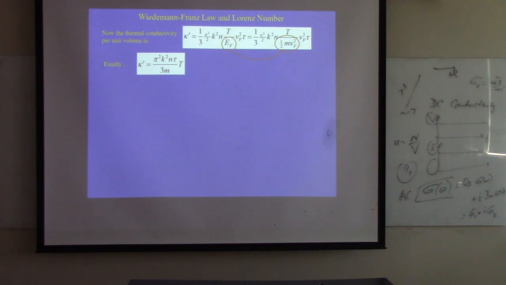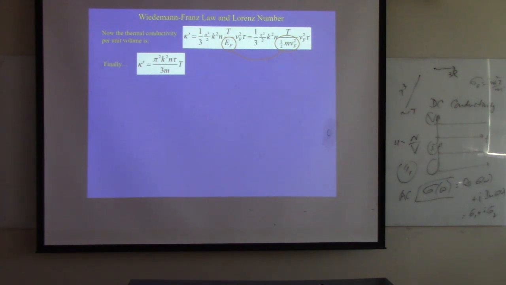So you get a really simple expression: this thermal conductivity to electrical conductivity ratio is given by pi squared k_B squared divided by 3e squared times T. Or if I take T here, what's that?